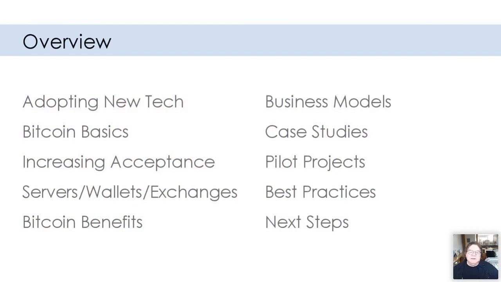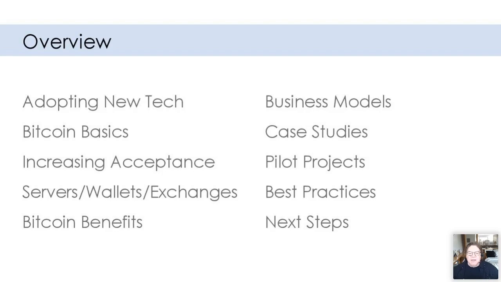In the next half hour we're going to go through Bitcoin as it pertains to business and the different use cases for businesses. First, I'll talk a little bit about businesses adopting emerging technology, and review some Bitcoin basics, which will be very high level and not nearly enough to really understand it, but should give you a good starting point.